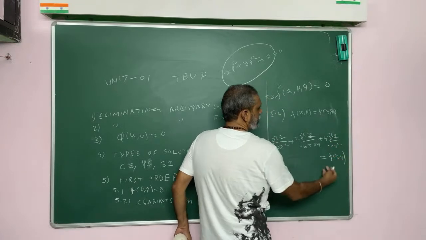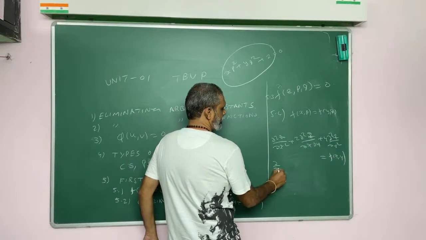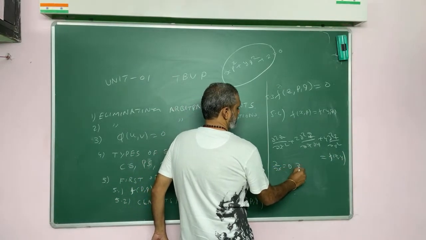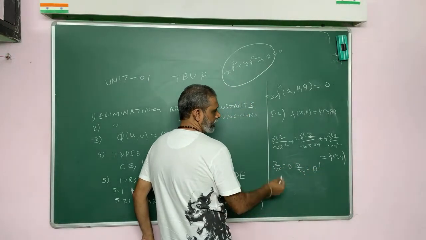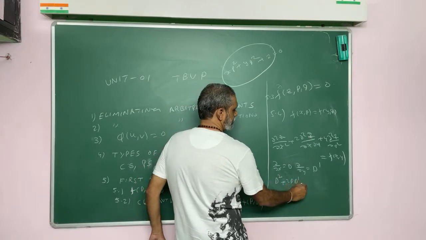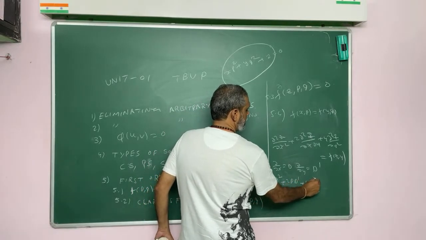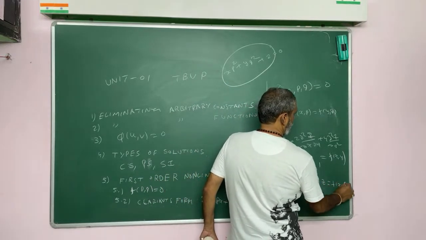You can write del by del x equal to D, del by del y equal to D dash. In operator form, this becomes D squared plus 2DD dash plus 4D dash squared, into z, equal to f of x.